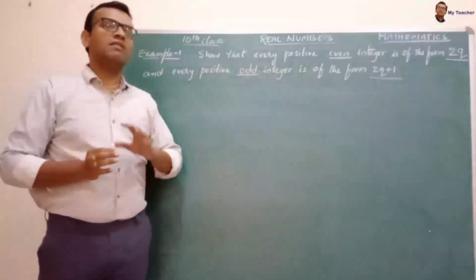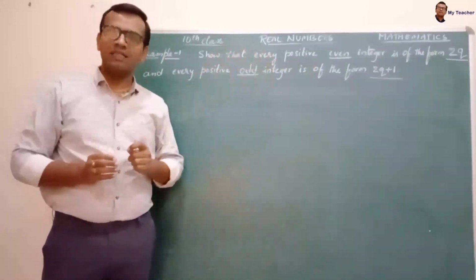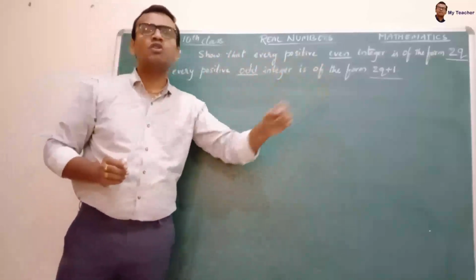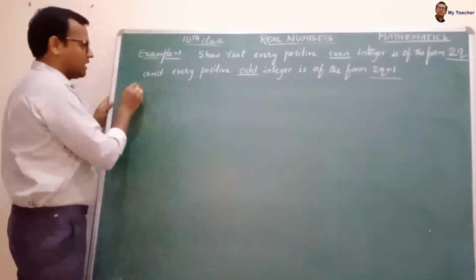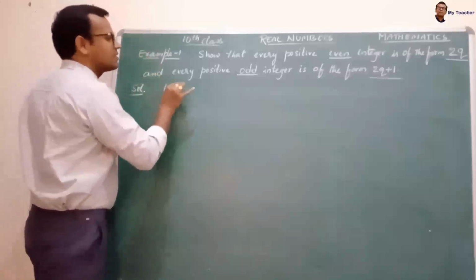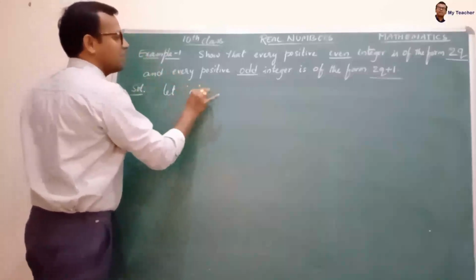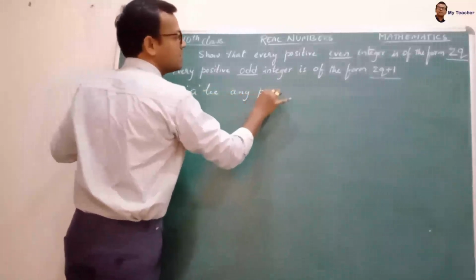So we have to show that every even integer is in the form of 2q and every odd integer is in the form of 2q plus 1. So to solve that one, what will we do? See here, solution. Let A be any positive integer.